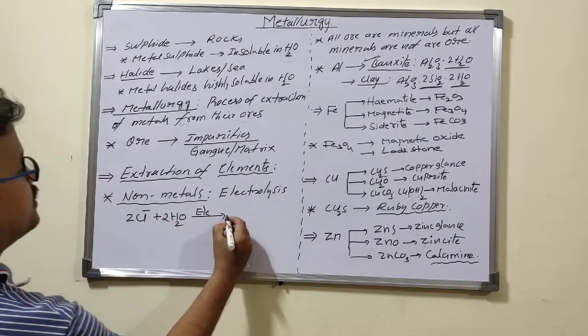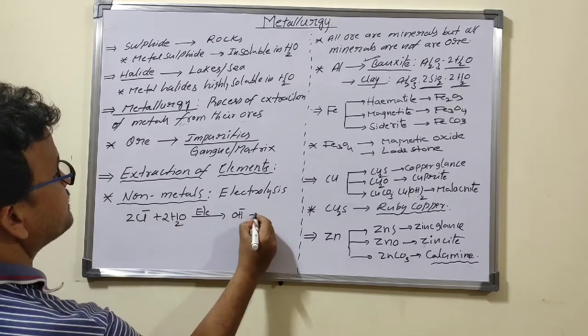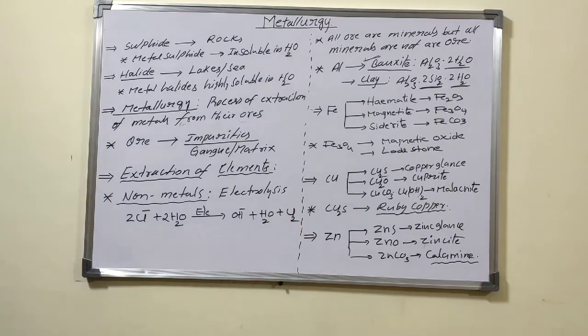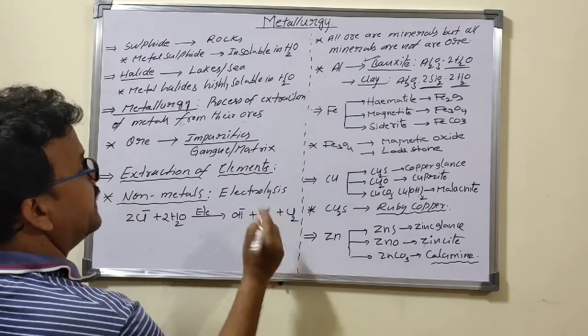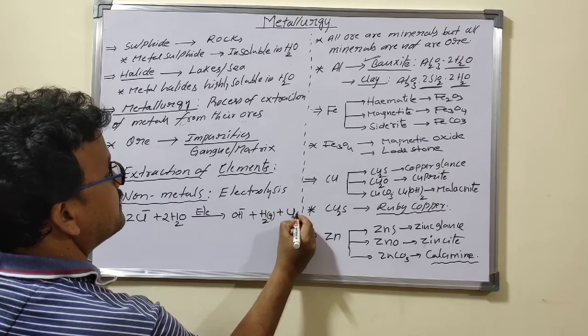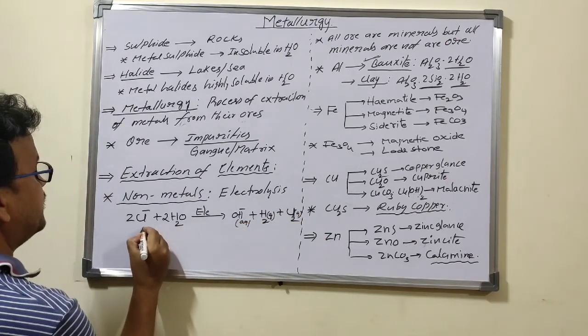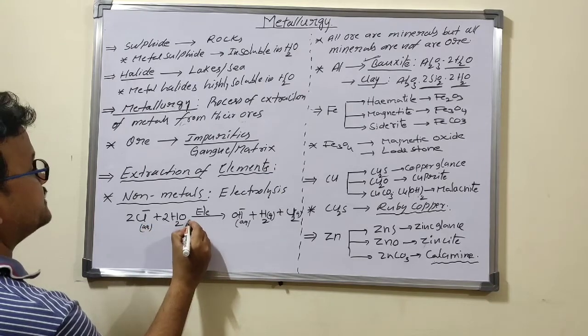When chloride ions are subjected to electrolysis, I get OH minus ions, chlorine gas and hydrogen gas. Some are in aqueous state and some in liquid.